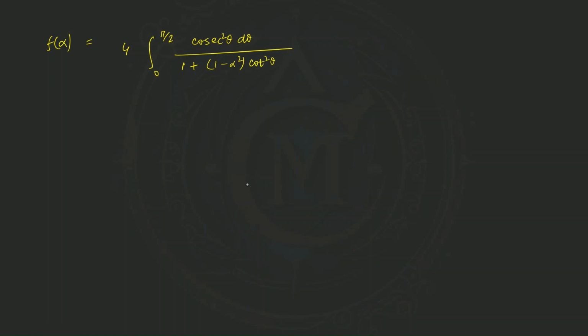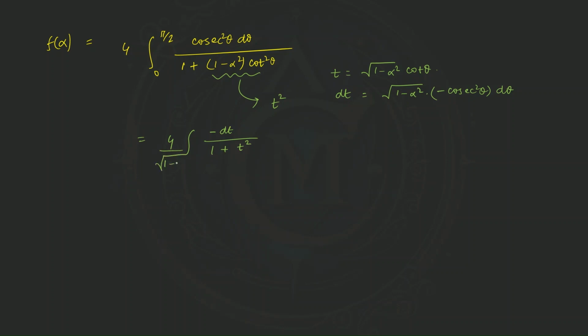So now if we, let's say, choose this as our t square, okay, so t we put root under 1 minus alpha square then cot theta, okay, then we will get dt as root under 1 minus alpha square times minus cosec square theta d theta. So we will get 4 times integral, this will be minus dt divided by 1 plus t square, and also there will be a factor of root under 1 minus alpha square.